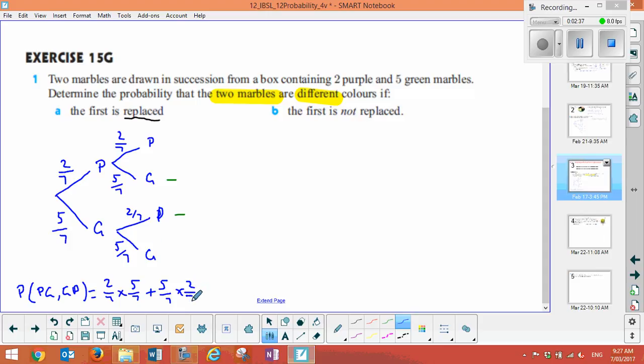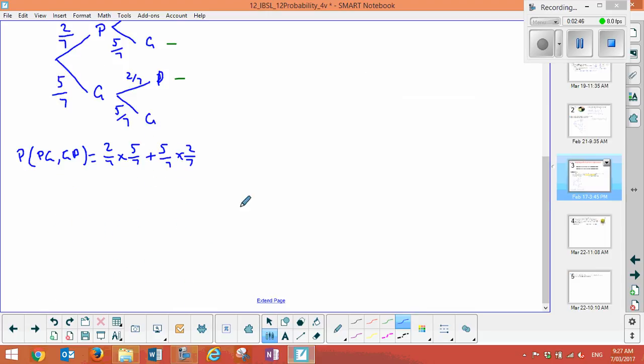So remember, we're multiplying along the branches here, but then when we want to go vertically, we want to add the probabilities because we want those 2. 2 5s are 10, so we've got 20 out of 49.